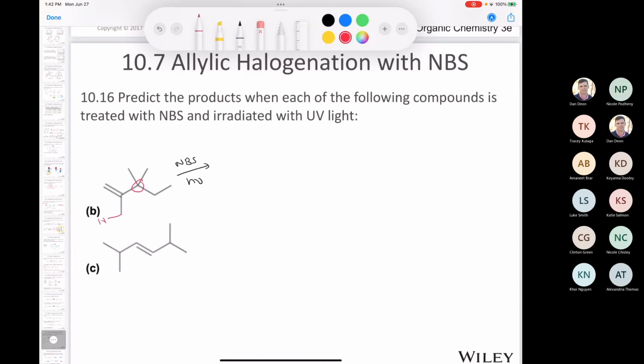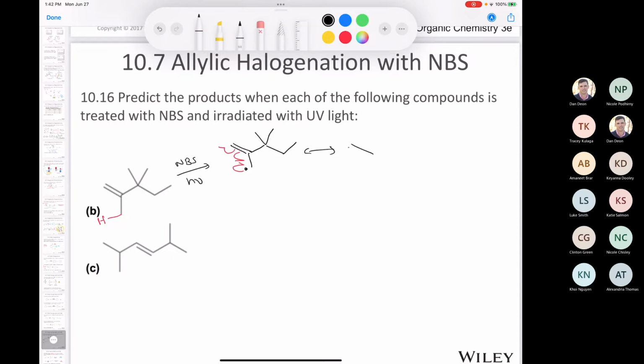There's no hydrogens on this carbon. So the only place you would do a hydrogen abstraction would be here. That would produce this allylic radical. Let's draw the radical like this. Here we go. And like that. Oops, where's my carbon? I lost it. There we go. So even if this undergoes resonance, you still end up with the exact same thing.